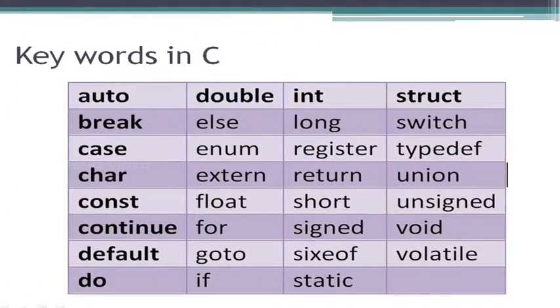These are the keywords we use in C language. These are the 32 keywords. First one is auto, break, case, char, const, continue, default, do, double, else, enum, extern, float, for, goto, if, int, long, register, return, short, signed, sizeof, static, struct, switch, typedef, union, unsigned, void, volatile, and while.